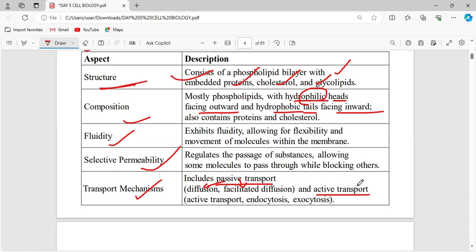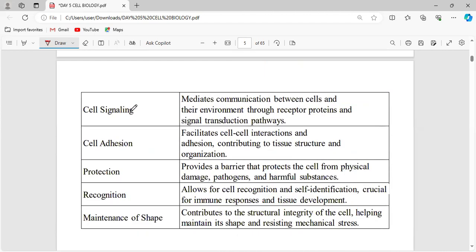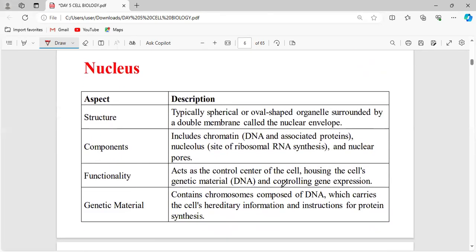Passive transport requires no energy: diffusion and facilitated diffusion. Active transport needs energy to take things inside the cell or move them outside. There are also cell signaling, cell adhesion for protection and recognition, and maintaining shape. As the cell wall is not present in the animal cell, what is responsible for maintaining the shape? Obviously that will be the plasma membrane.